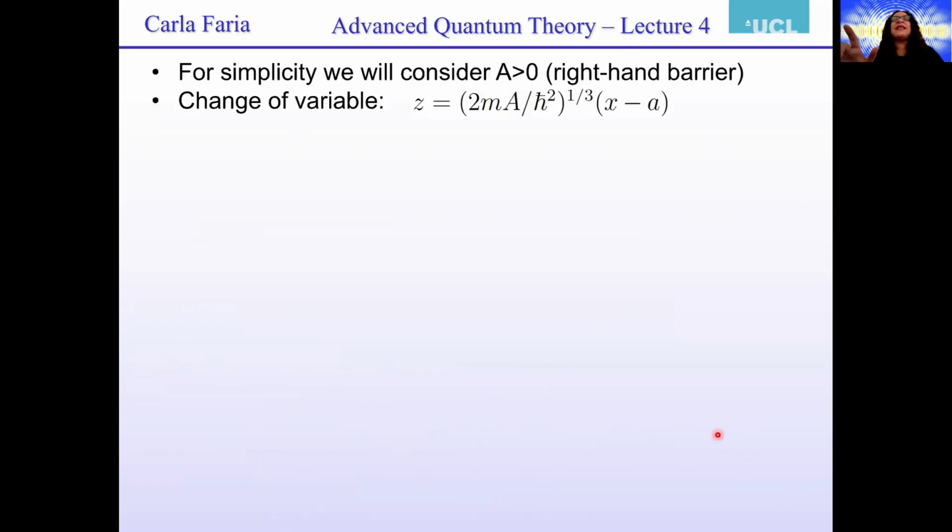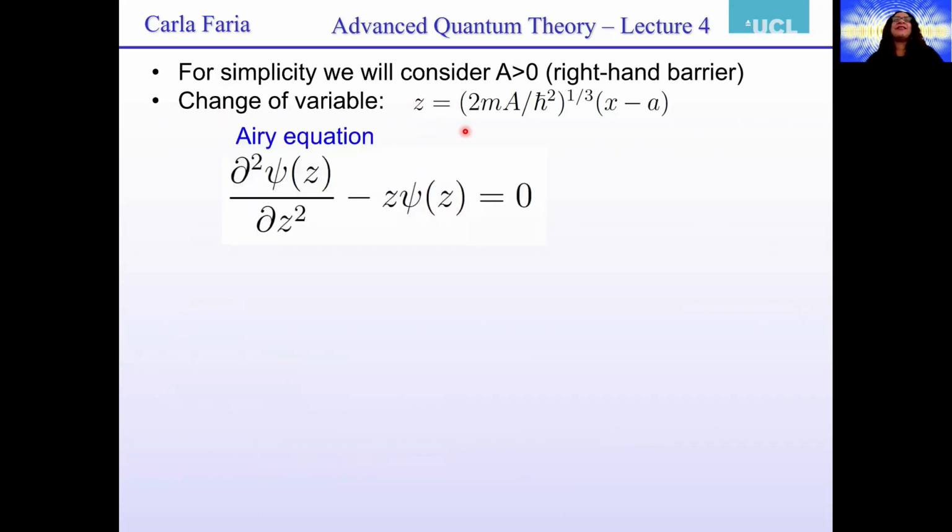For simplicity, we're going to consider A bigger than 0, so we're going to consider a right-hand barrier, and we're going to change the variable to make our life simpler, actually, and this is going to give us the Airy equation, whose solutions are known, and they are known as the Airy functions Ai(z) and Bi(z).